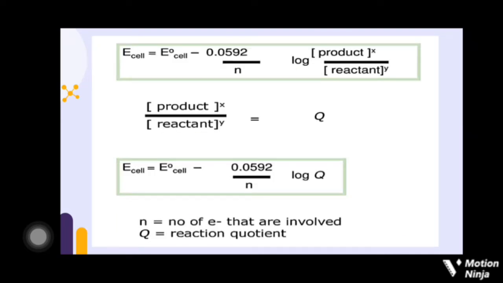Okay, proceed. Now we will be using the Nernst equation. You will be using the Nernst equation if you are going to calculate the E cell for any chosen concentration. Remember, the standard state condition has 1 mole on it.